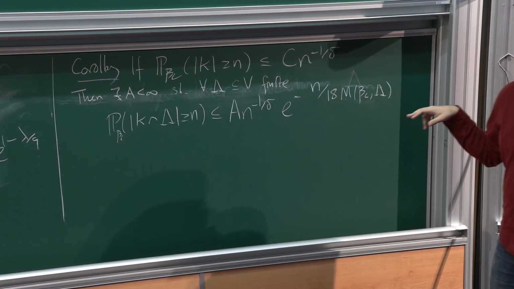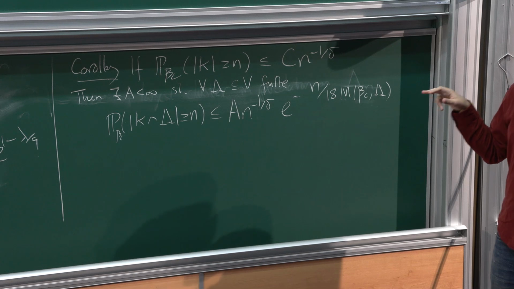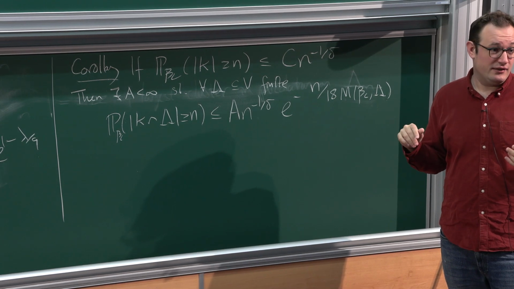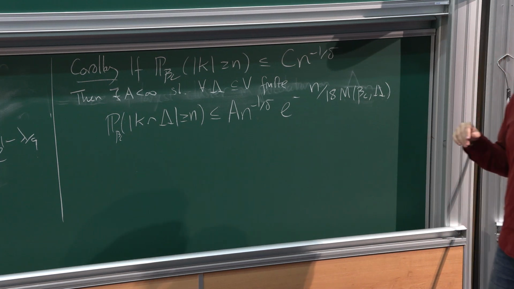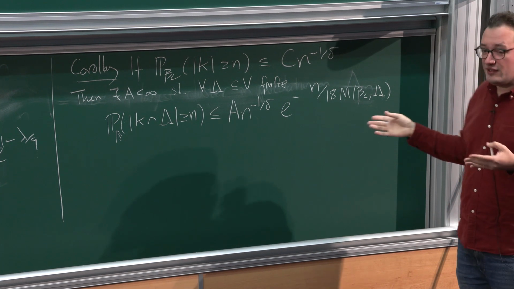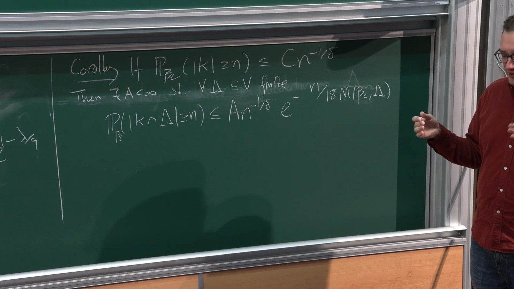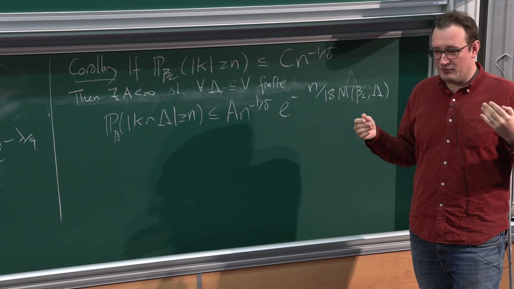Now, in the low-dimensional case, that's actually a completely sharp thing to do, because the largest cluster is the right thing to look at. In high dimensions, I think this is actually open to prove. There's an upper bound that Aizenman did in the 80s.